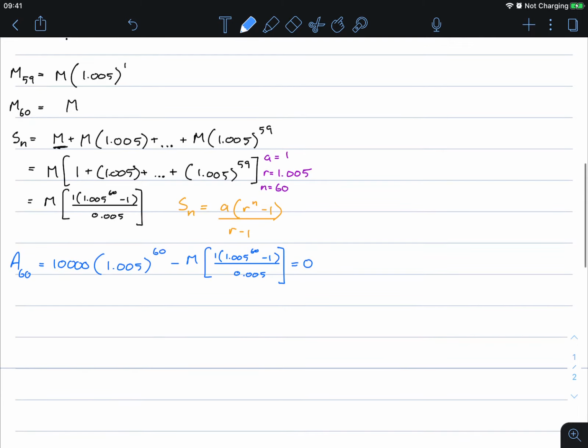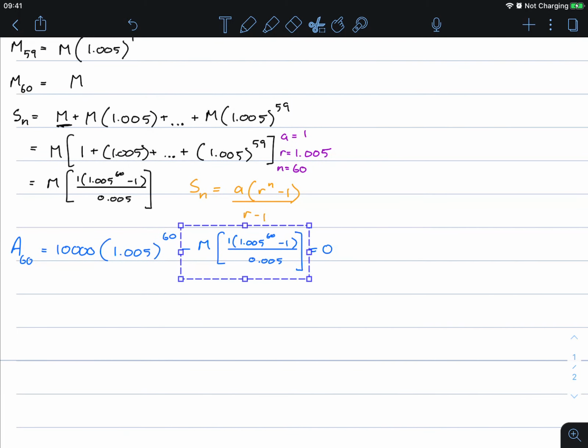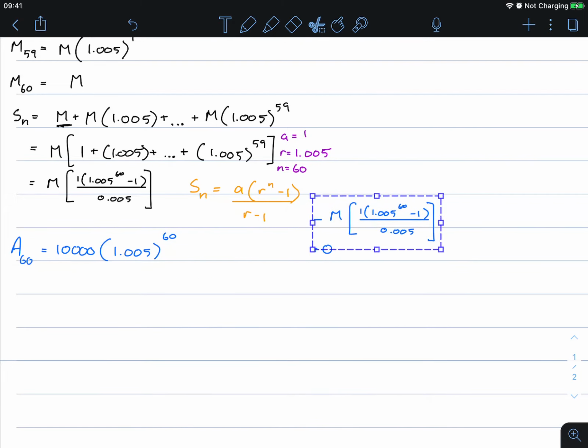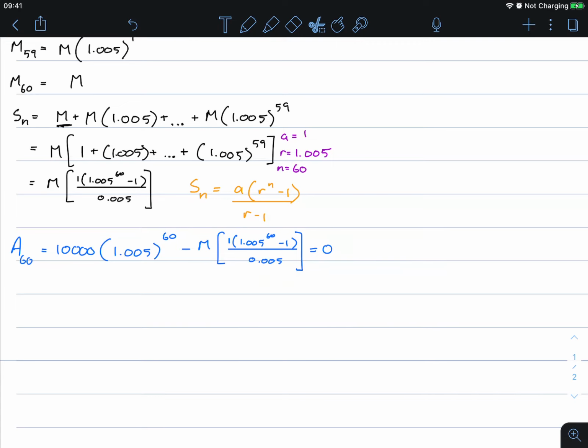Now that we have this, we can now solve for m. The next step I'm going to be doing is moving this entire expression to the other side of the equation, making it a plus along the way. So this will be that expression, now positive, is equal to $10,000 times 1.005 to the power of 60.